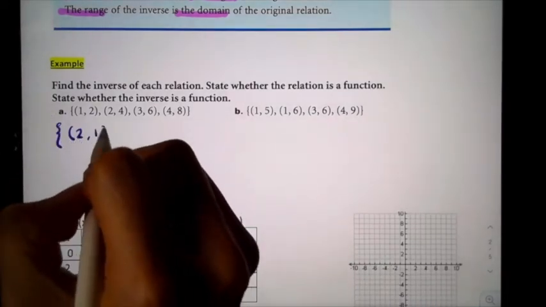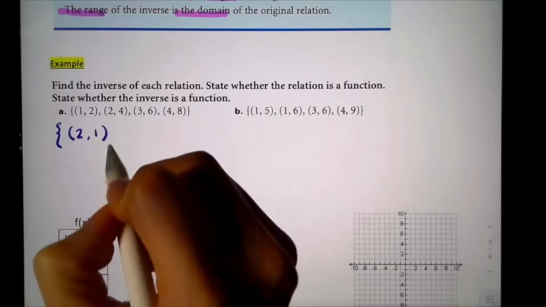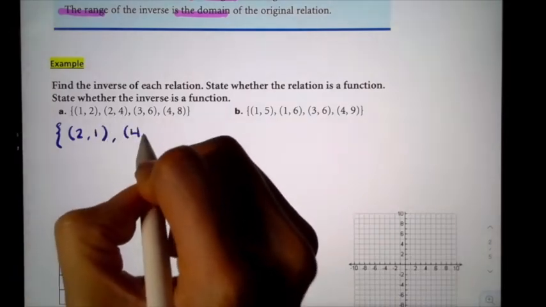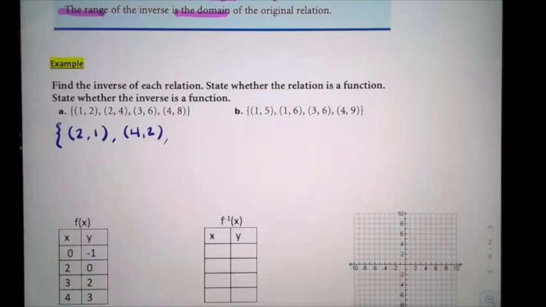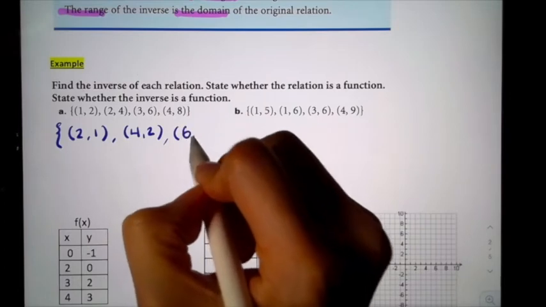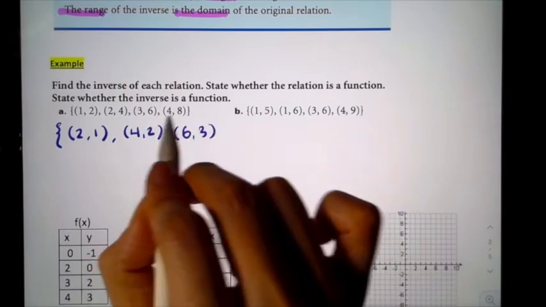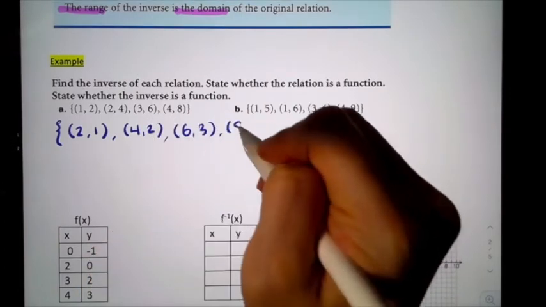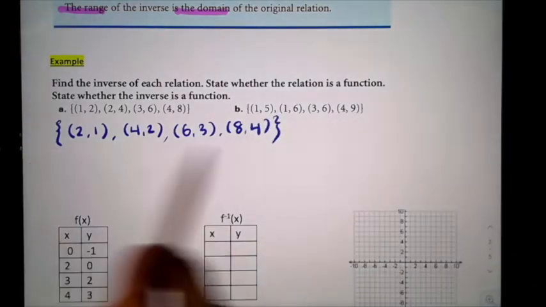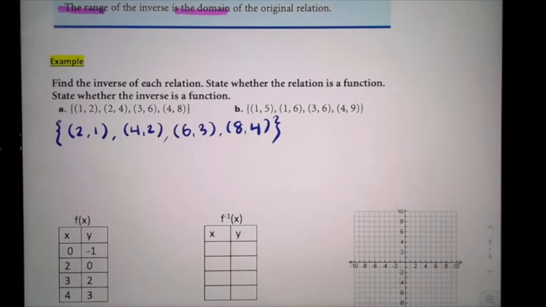So 2, 1. My second one, 2, 4, change it, 4, 2. Your third one, 3, 6, change it, 6, 3. And 4, 8, then 8, 4. Like this, guys. So that is my inverse.